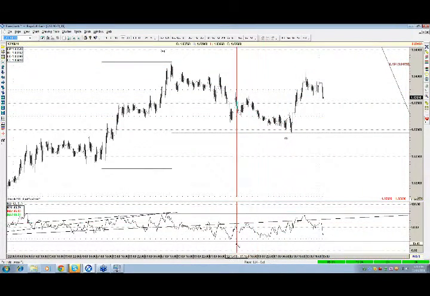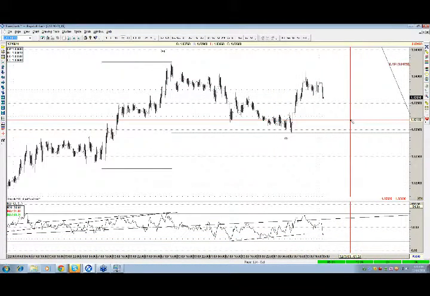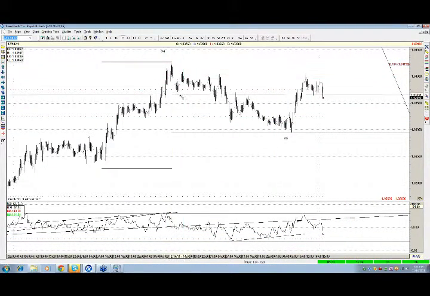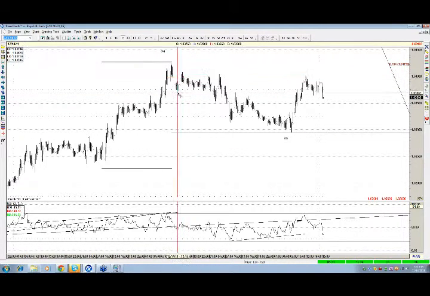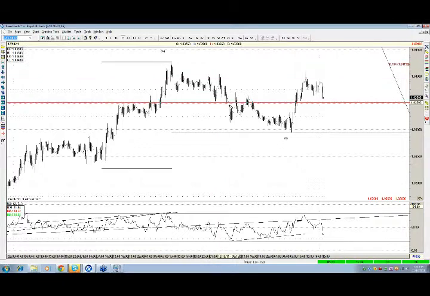Look at the RSI. But it can also be A, and then you can make the case A, B, C, W, X, A, B, C, Y.